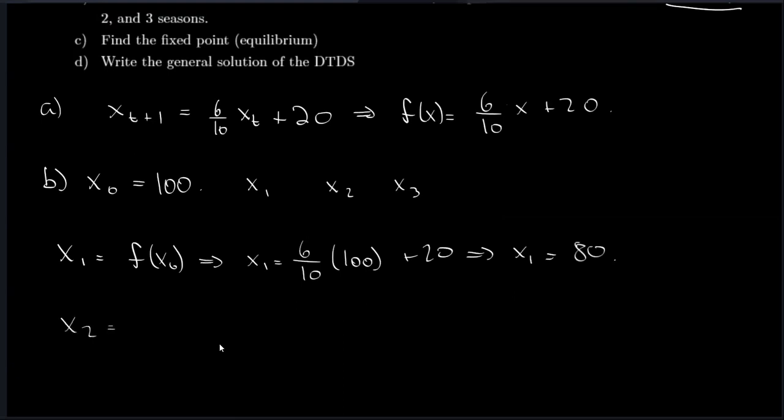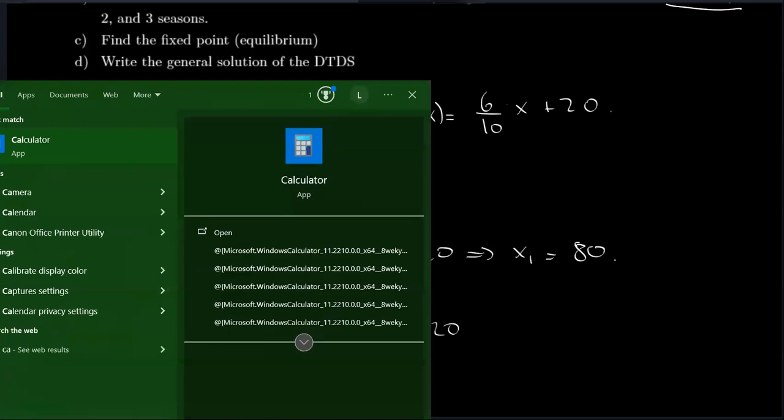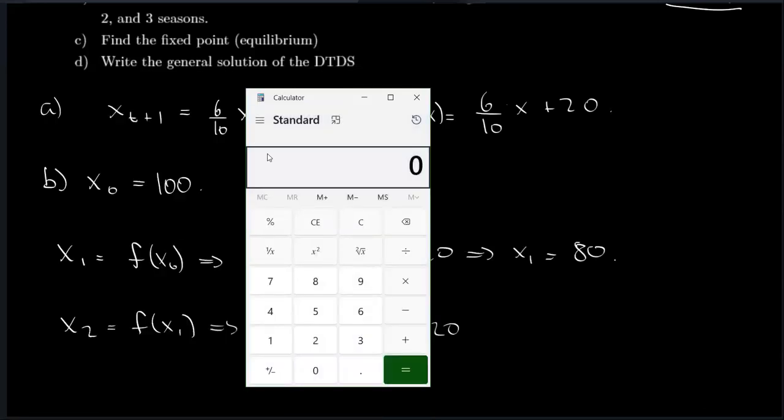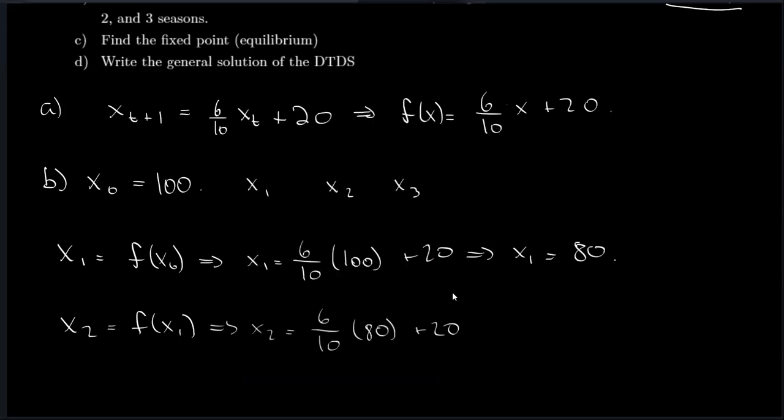Now let's put 80 into the updating function. X2 is going to be f of X1, because the updating function updates X1 into X2. So X2 is equal to 6 over 10 times 80 plus 20. Let me just get the calculator out for these. It's going to be 68 bees. So X2 is 68 bees.